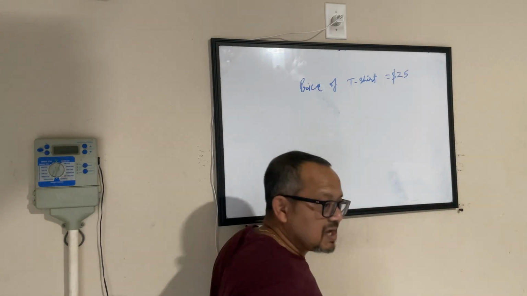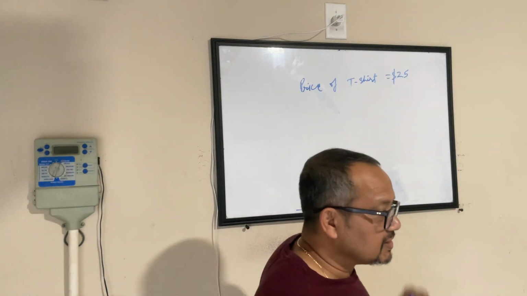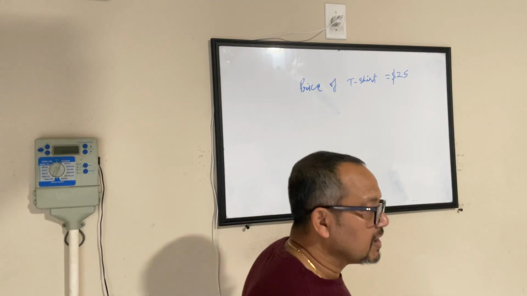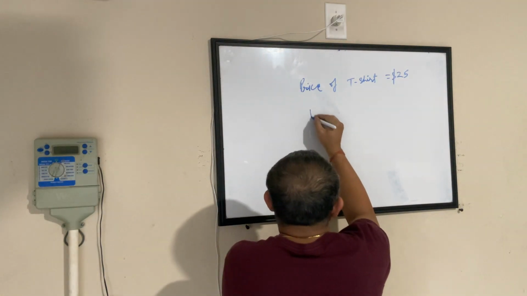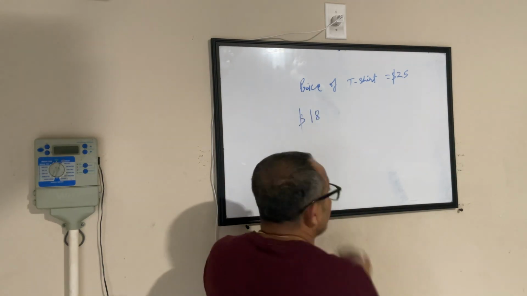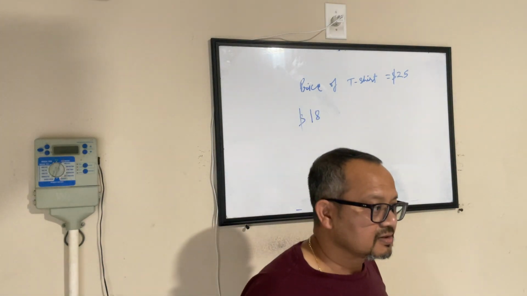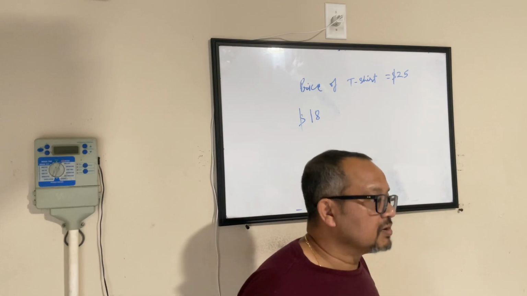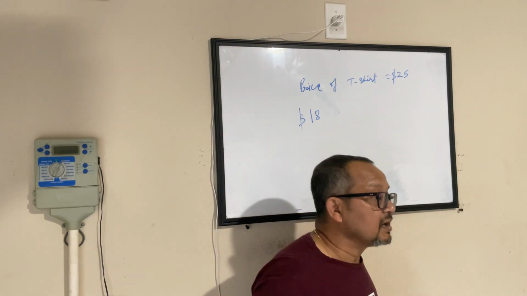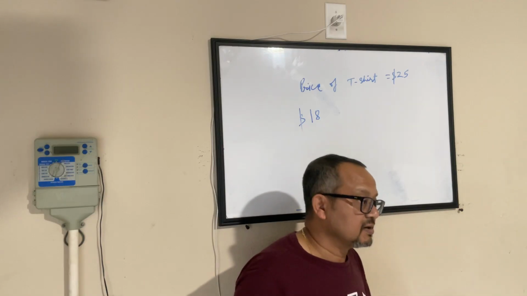Okay? But when I went to the cash counter and I was paying for it, the cashier said that I only need to pay $18. How much discount did I get? No time for drama. If you know how to solve it, solve it.